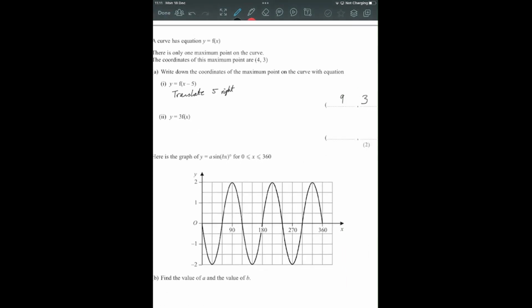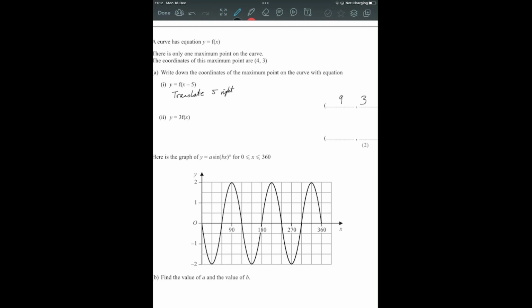The 3f of x, well, a multiply links with a stretch. This is outside the bracket, so it's vertically, and it has the normal orientation is how I often call it. So this is a stretch, vertically scale factor 3. Does not affect the x coordinate, but is going to multiply the y coordinate by 3.